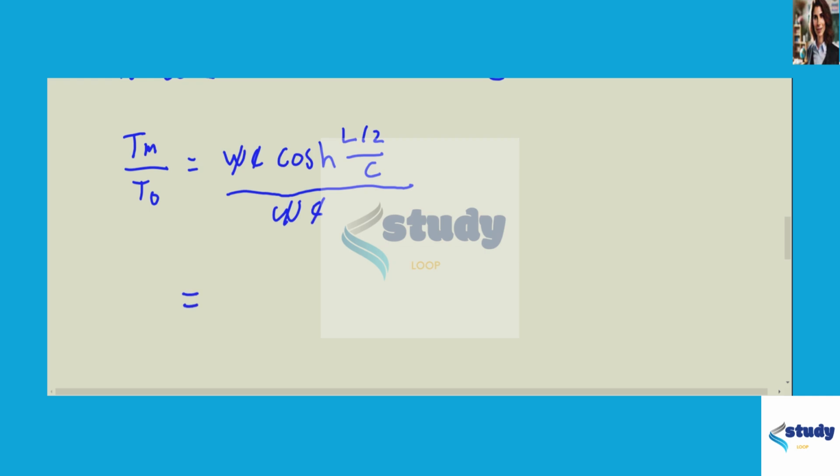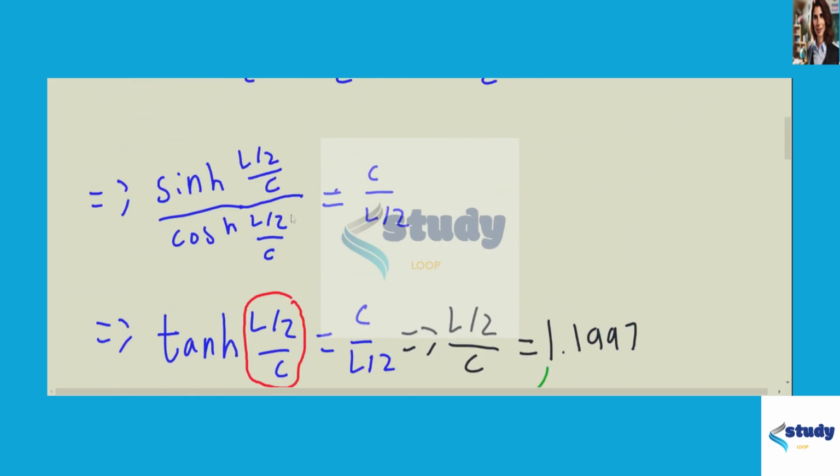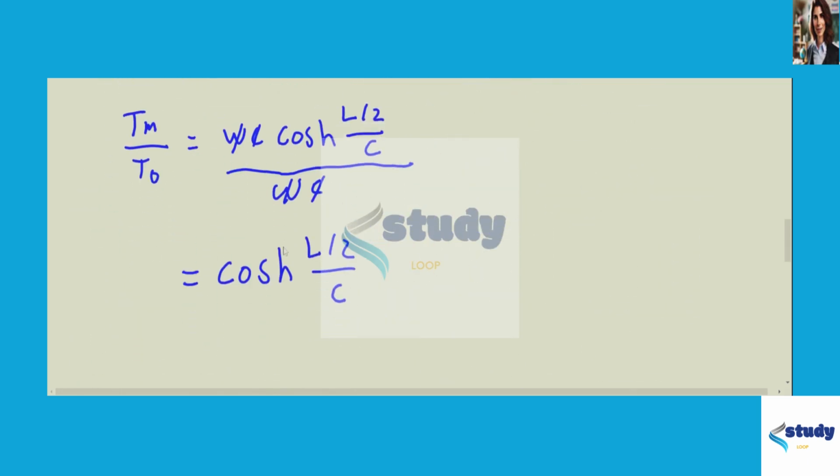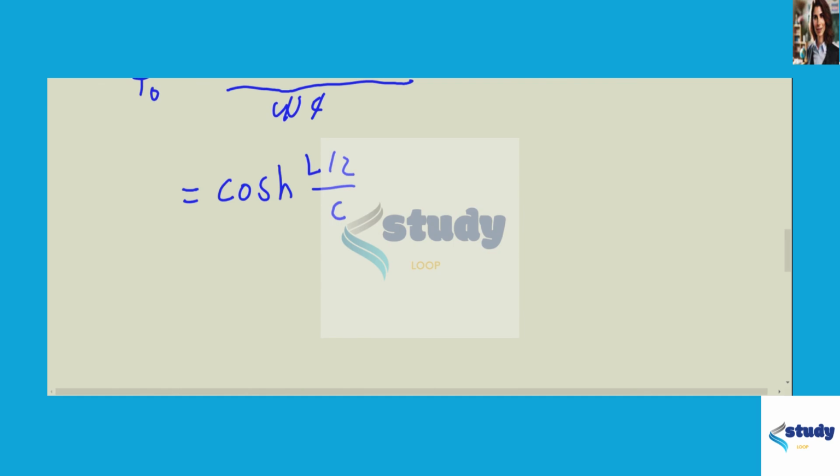So we can rewrite this as just the hyperbolic cosine of L over 2 divided by C. And if we go to a previous calculation, we see that y of b over c is equal to this hyperbolic cosine of L over 2 divided by c, which is also what we just calculated. So this is going to be equal to y of b over c.